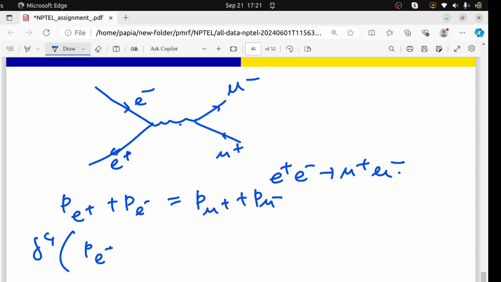That means P e plus plus P e minus minus P mu plus minus P mu minus should be equal to 0, right? So this is the delta function expression. That should be the correct delta function expression for the energy momentum conservation for this reaction, as our initial momentum was P e plus plus P e minus, and the final momentum is P mu plus plus P mu minus.